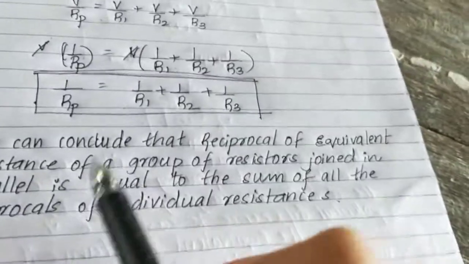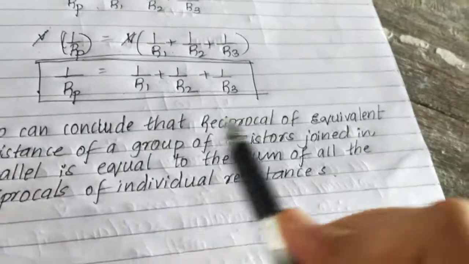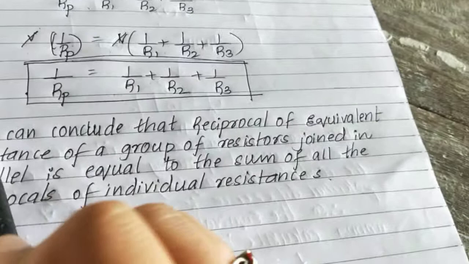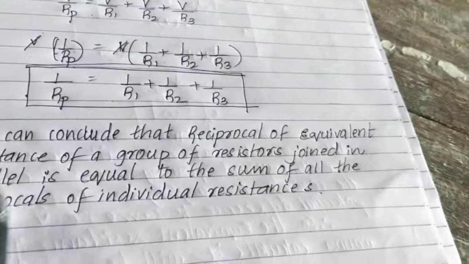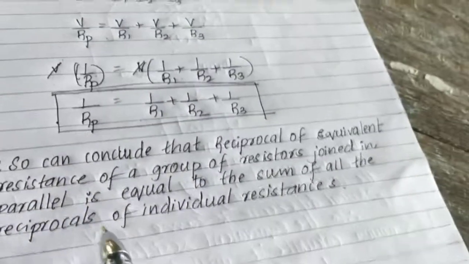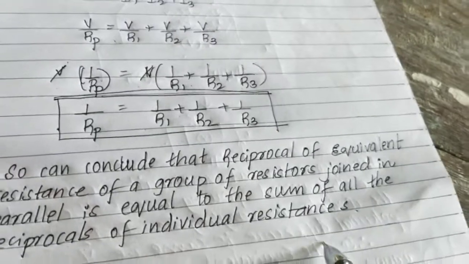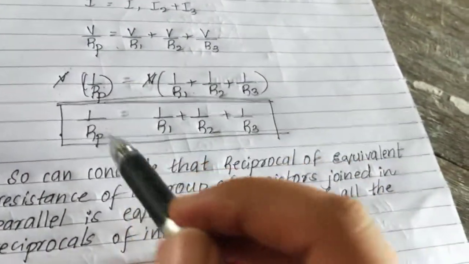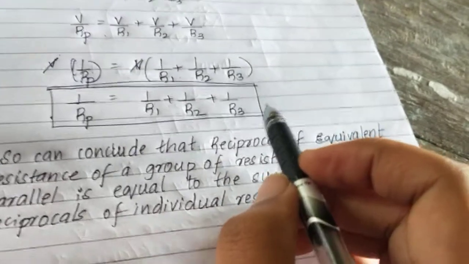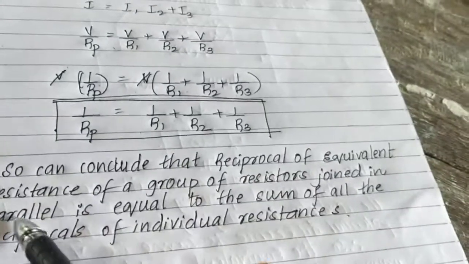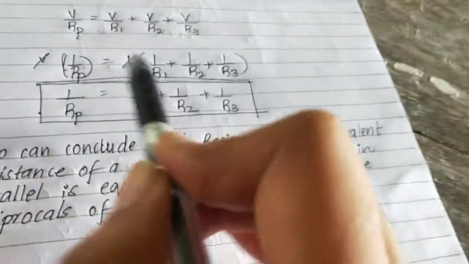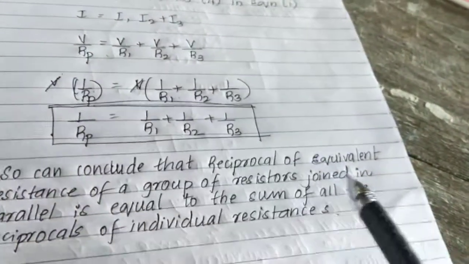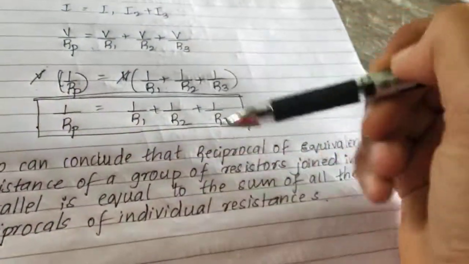Now we can conclude with the statement that the reciprocal of the equivalent resistance, 1 by Rp, of a group of resistors joined in parallel is equal to the sum of the reciprocals of the individual resistances. The parallel arrangement is in the form of reciprocals, so they have stated it as the reciprocal of the equivalent resistance of a group of resistors joined in parallel, that is joined one below the other.